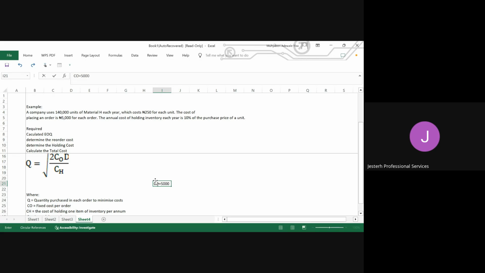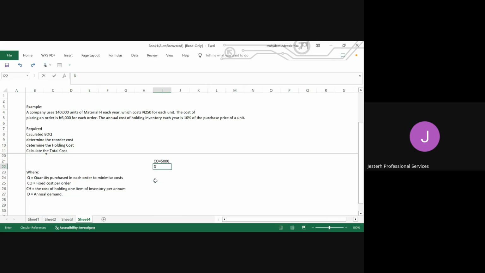Now I want to break the question down, then we'll be able to calculate each of these with ease. Now, what is our D? Our D is our annual demand. What is our annual demand? Our annual demand is 140,000 units.